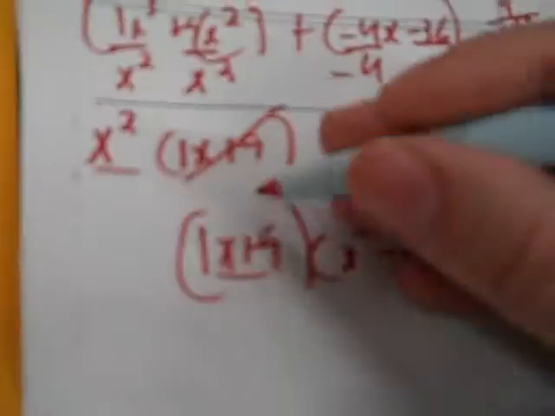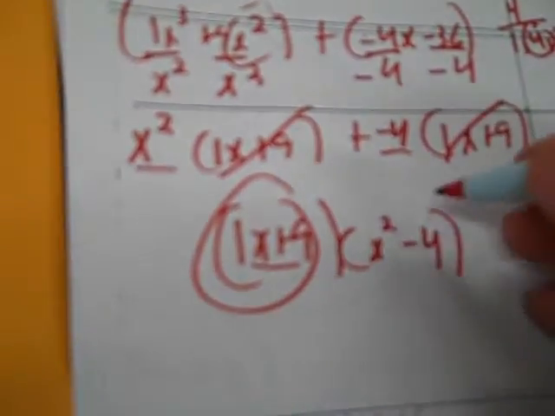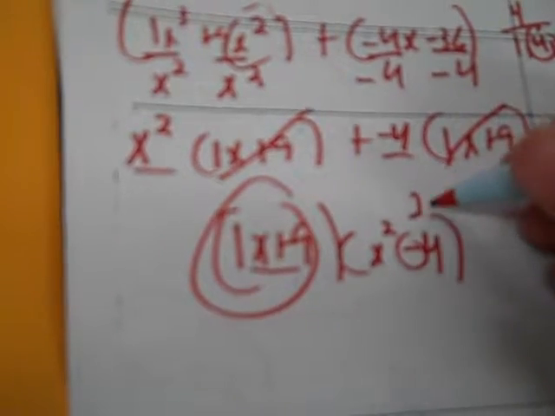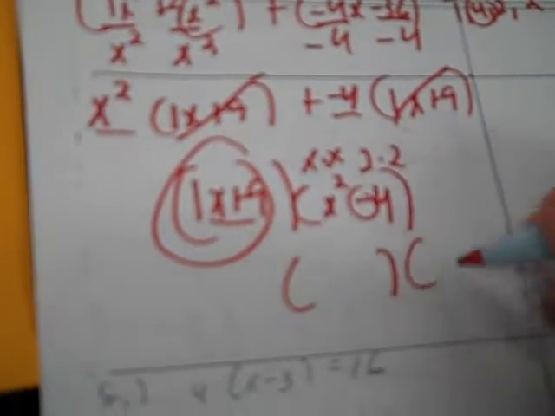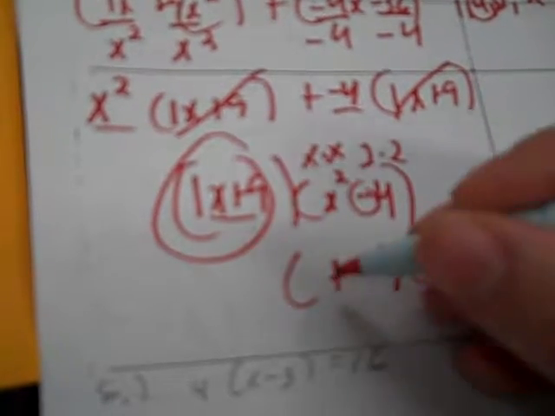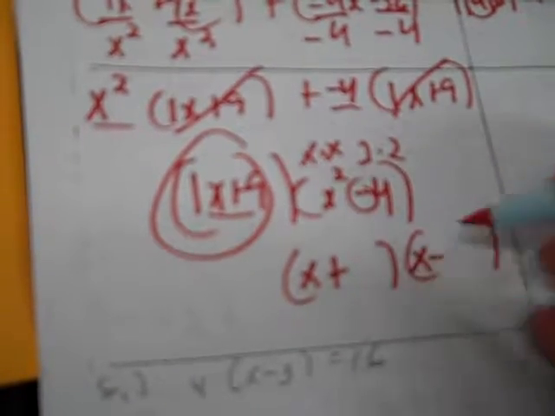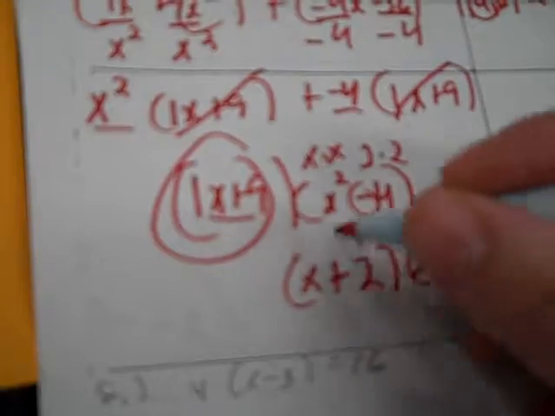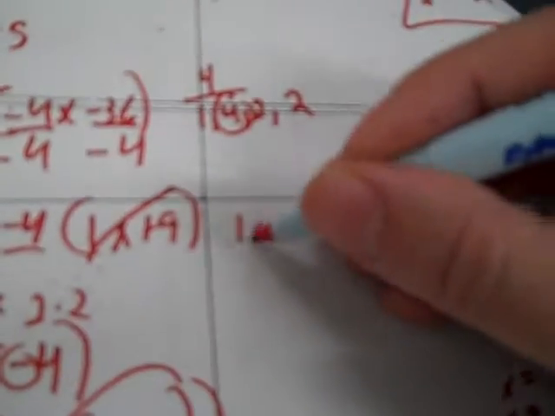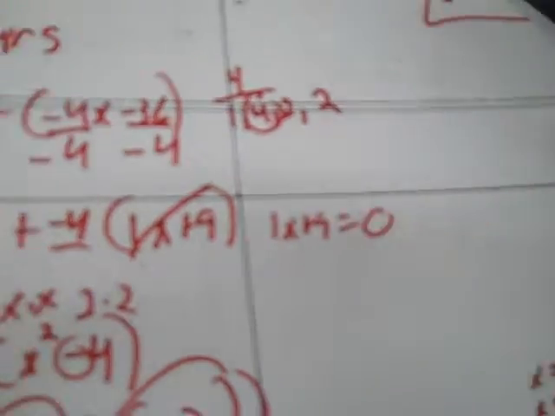Now at the end of that, you've got to check for differences of squares. This one isn't, but this one is, because you've got minus 2 times 2, x times x. Okay, so now I can solve it. I can take my 1x plus 9 to equal 0.